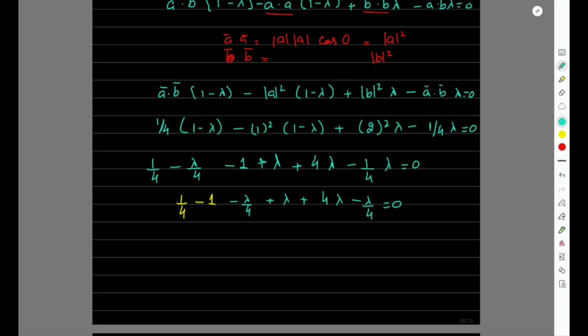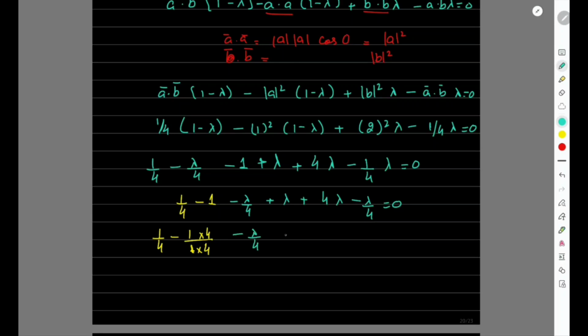Now taking the LCM, we multiply and divide by 4 to make the denominators the same so that we can add or subtract the terms.